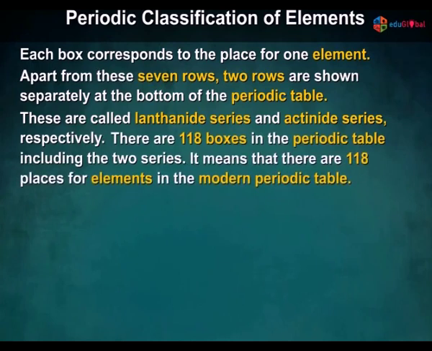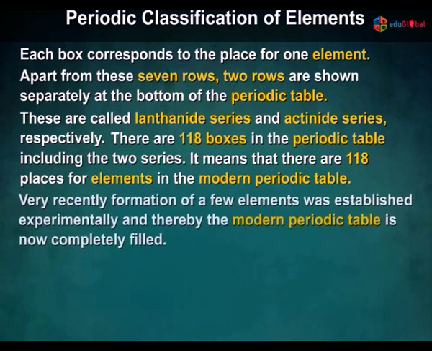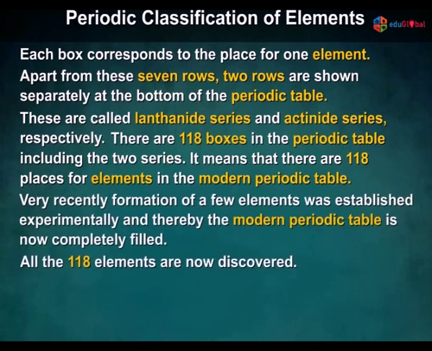It means that there are 118 places of elements in the modern periodic table. Very recently, formation of a few elements was established experimentally, and thereby the modern periodic table is now completely filled. All the 118 elements are now discovered.